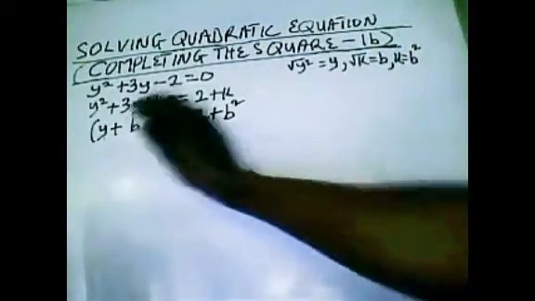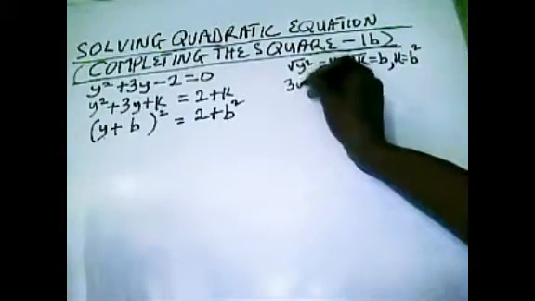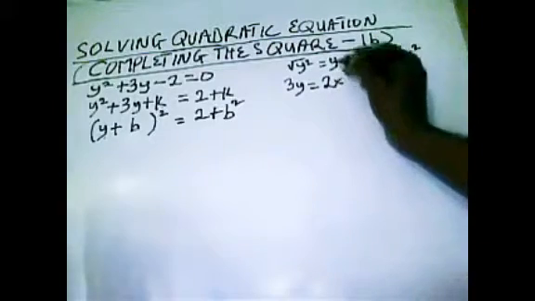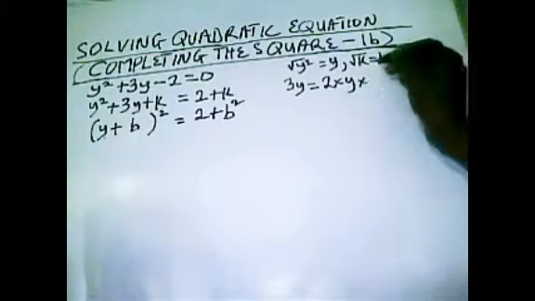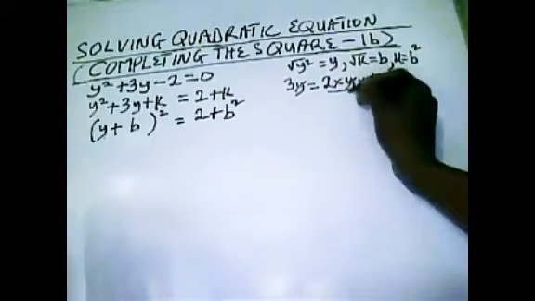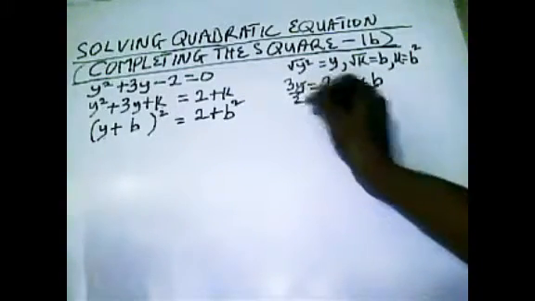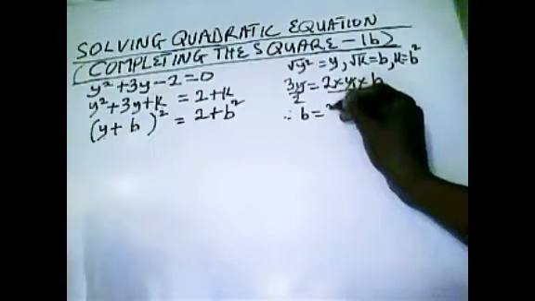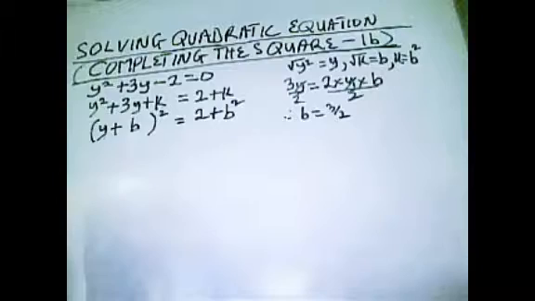So how do we get our b? We get our b from the middle term, which is 3y equals 2 multiplied by this y we have here, then multiplied by the b we have there. So we cancel y, and if we divide everything by 2, you will see that the value for b therefore becomes 3 upon 2.